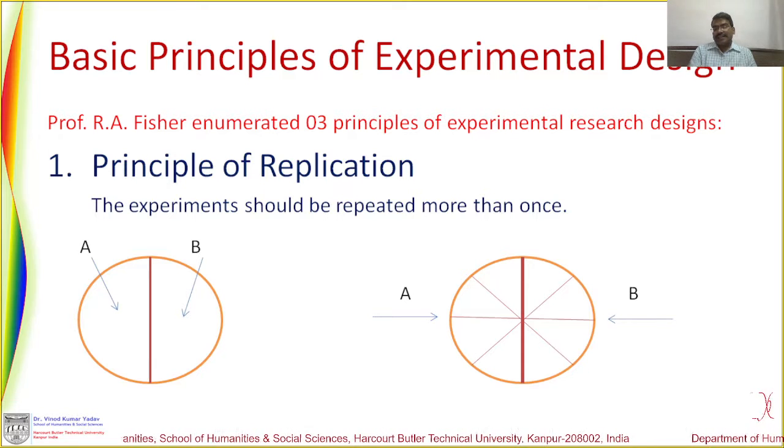Now it simply means that instead of getting one data point for one half field, you may have 1, 2, 3 and 4 data points, and likewise 1, 2, 3, 4 experiments for the other. So data replicated in similar situations can give you a better picture, a better result.